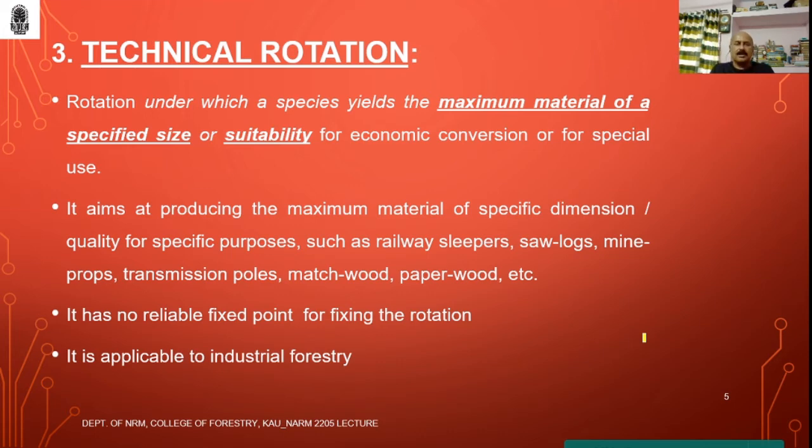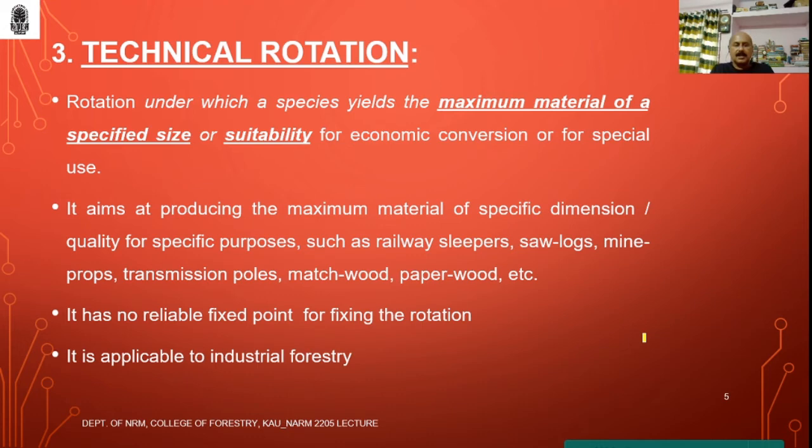The moment it reaches the desired size, it is ready for harvest. Or you have raised a plantation for production of pole size timber, so you have fixed the exploitable girth. As soon as it reaches that exploitable girth, you fix the rotation. Such scenarios are known as technical rotation.